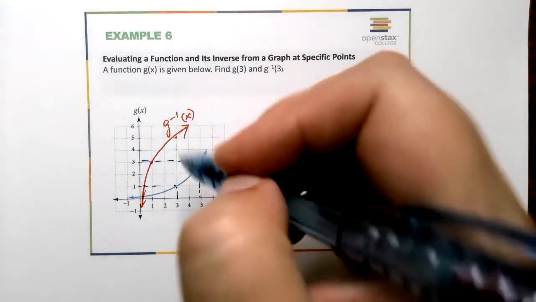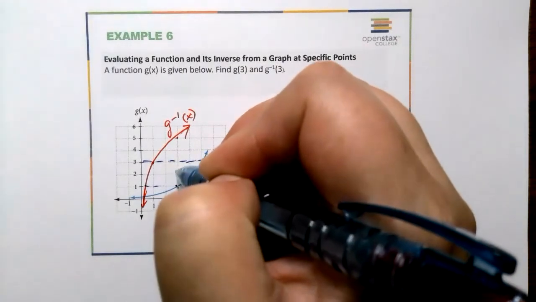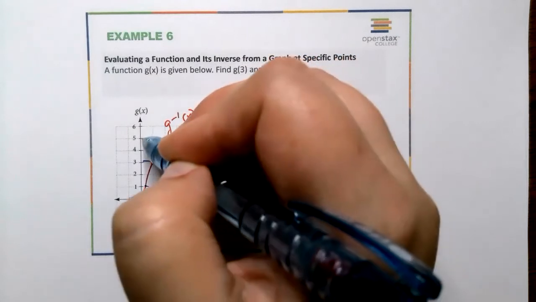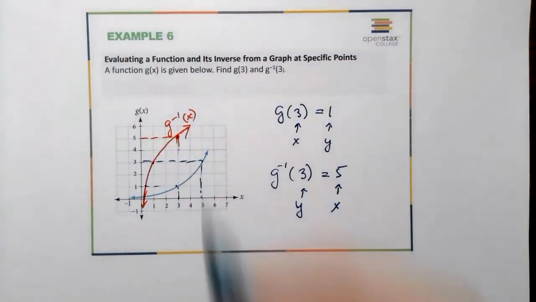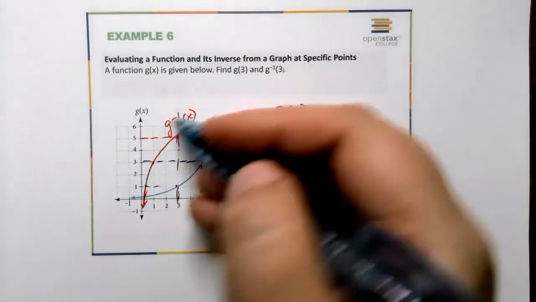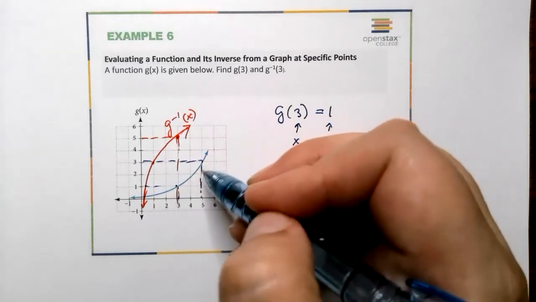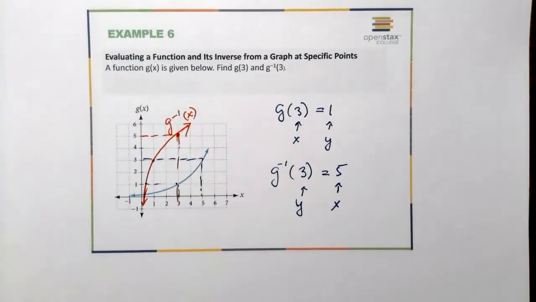I would be looking for 3 on the x-axis, but I would actually pair it with this graph, right? Look up on this graph, and that's going to be 5. So if you have an inverse graph, then you would do that. But if you don't, you could still use the original function to find the values for the inverse.